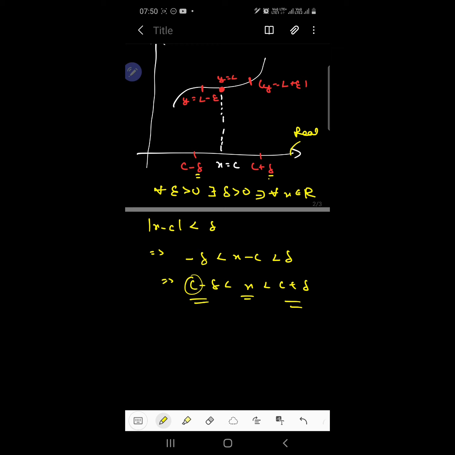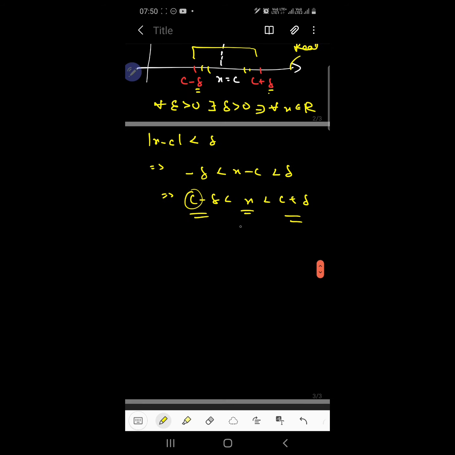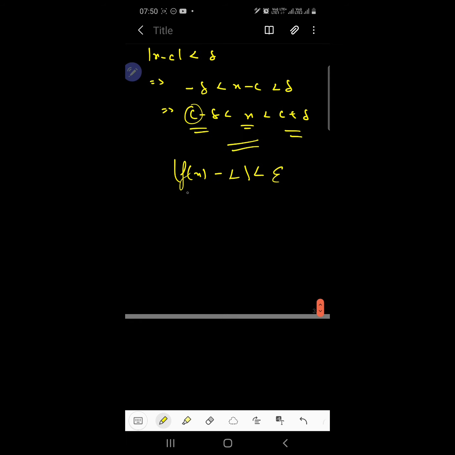We have set the interval from c minus delta to c plus delta, and x will be anywhere in between. And when x is in this interval, mod of f(x) minus L is less than epsilon, which means that f(x) will be inside the interval L minus epsilon and L plus epsilon.